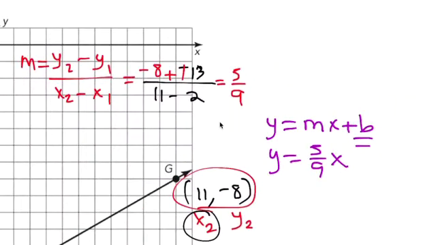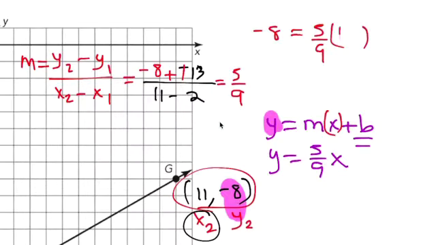Negative 8 equals, that's for this y, m is 5 over 9, parentheses, that means times x, which is 11, plus b. So negative 8 equals 55 over 9 plus b.